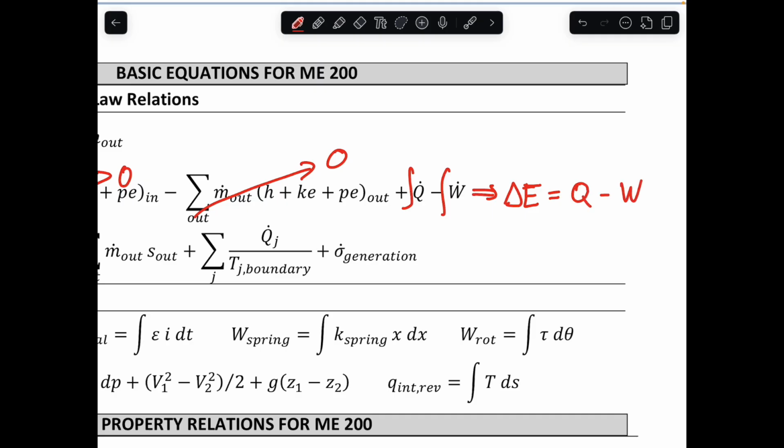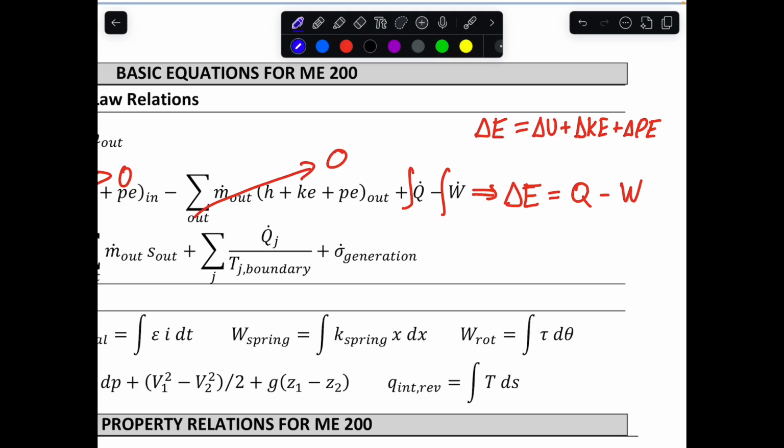Then remember, we can break up our changes in total energy into changes in internal energy, plus changes in kinetic energy, plus changes in potential energy. But here we are neglecting changes in kinetic and potential energy because they don't give us any information about that. So we're left with only changes in internal energy. And similar to what we did for our PDV equation, if we divide both sides by mass, we get things in terms of specific quantities instead of total quantities.